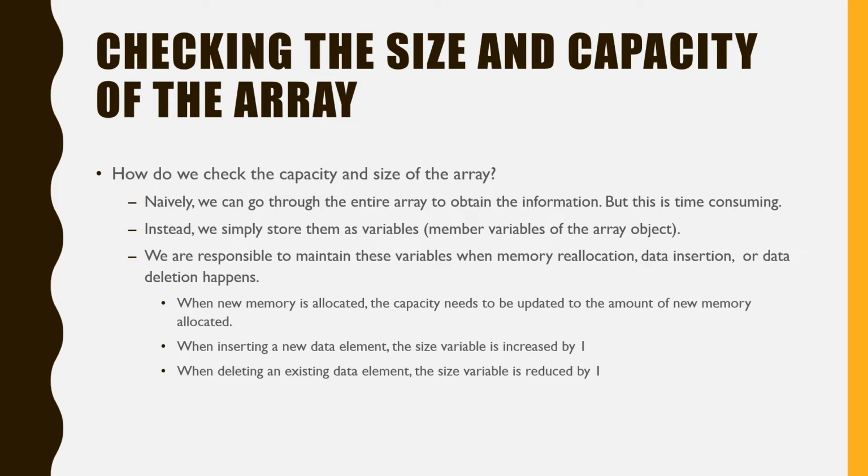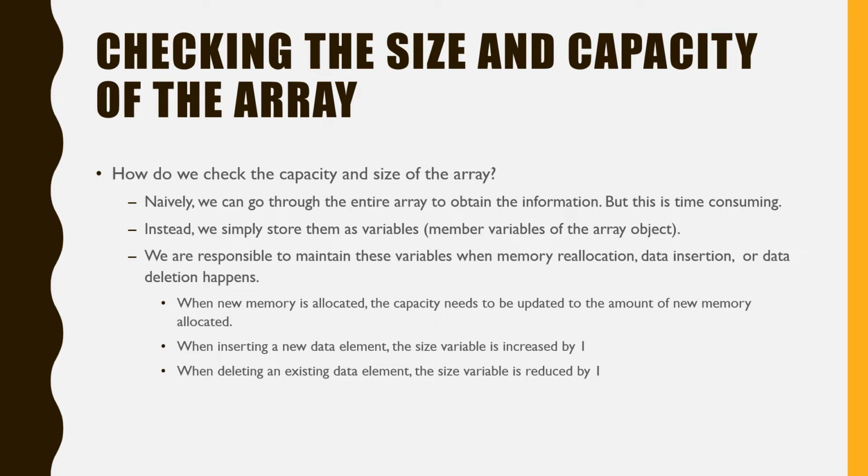Naively, we can simply scan the array to find their values. However, this could be time-consuming as we need linear time to complete the operation. Instead, we can simply store the capacity and size as two variables, and properly maintain them when the capacity or size is changed. For example, when more memory is allocated to the array, we need to update the capacity variable accordingly.